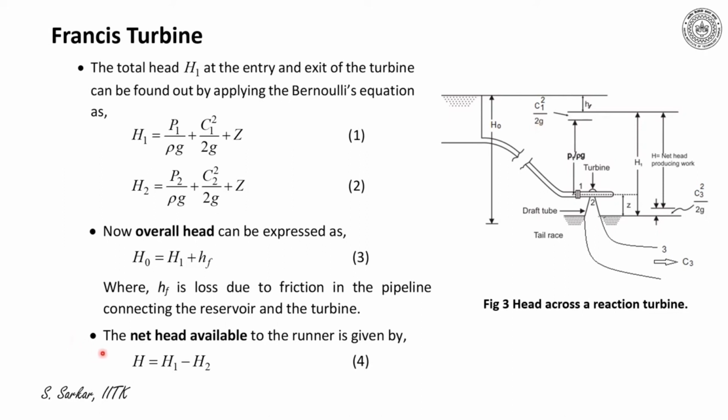Now, the net head available to the runner is given by H1 minus H2, which is equal to H. That's equation number 4. So I have defined here the overall head, and also the net head available to the runner.